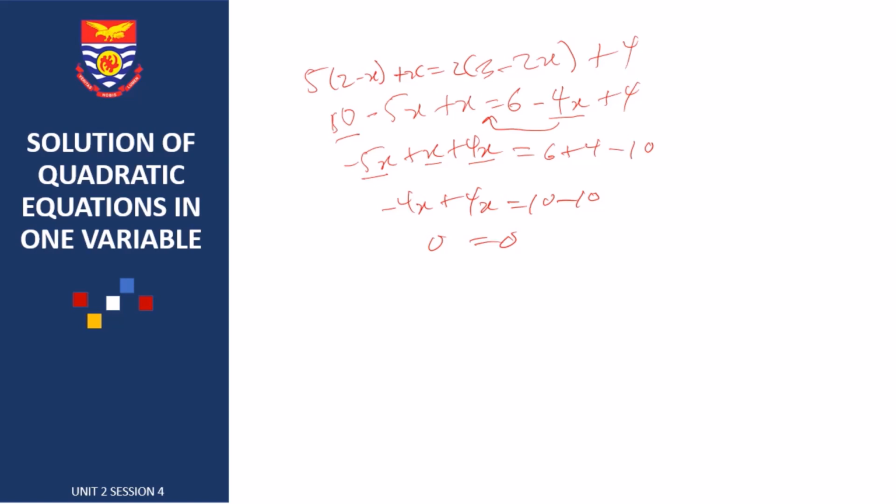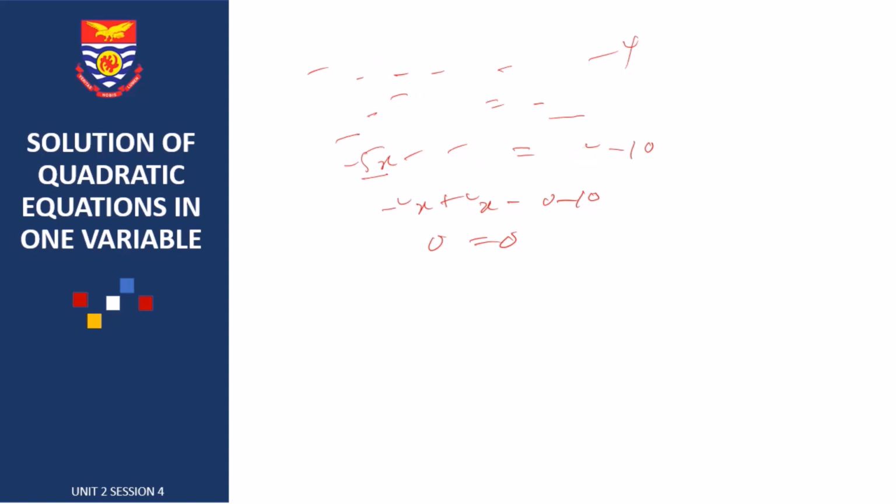Now let's talk about solution of quadratic equations in one variable. A quadratic equation in a variable x is an equation that can be written in a form where the highest degree of x is 2.